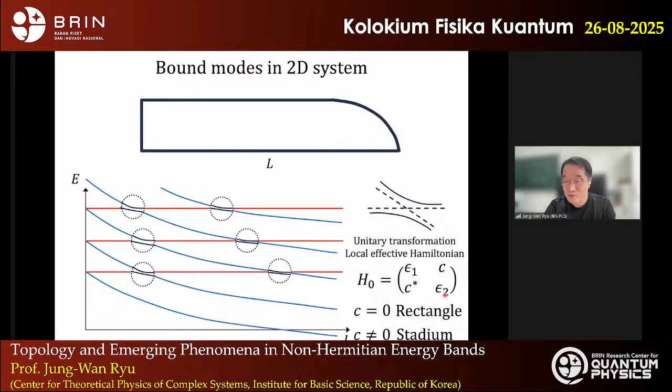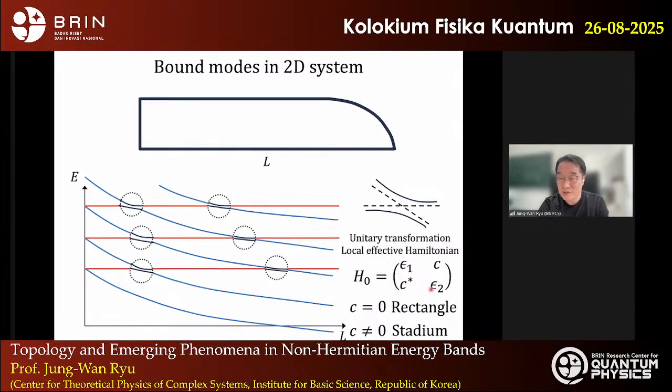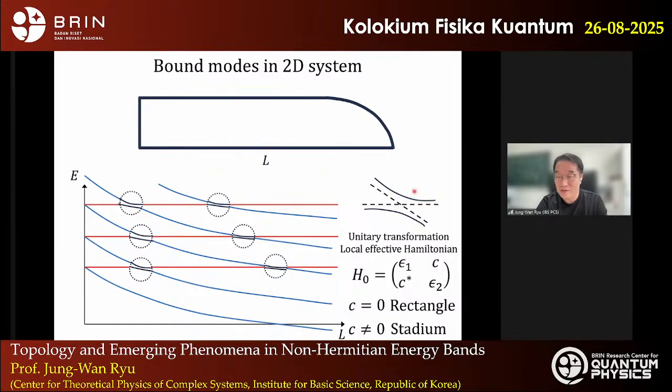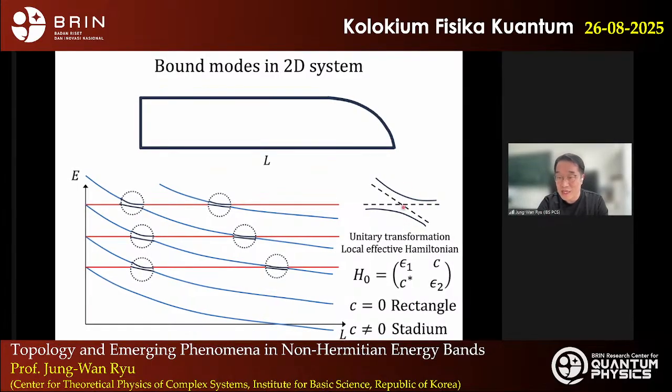Epsilon 1, epsilon 2 are the uncoupled energy levels, and C is the coupling strength between them. If C equals 0, it's the rectangular case; the C non-zero case is the stadium case like this. And always we can find the avoided level crossing. The gap size is decided by C. This is a closed system property. This is Hermitian.